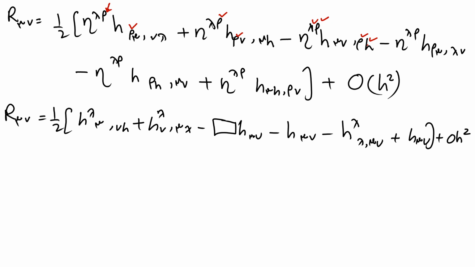Similarly here I have contracted two terms, again one is lambda and one is rho. In the second last one I have contracted rho and lambda. In the last term I have contracted lambda and rho. That's why these two are remaining.